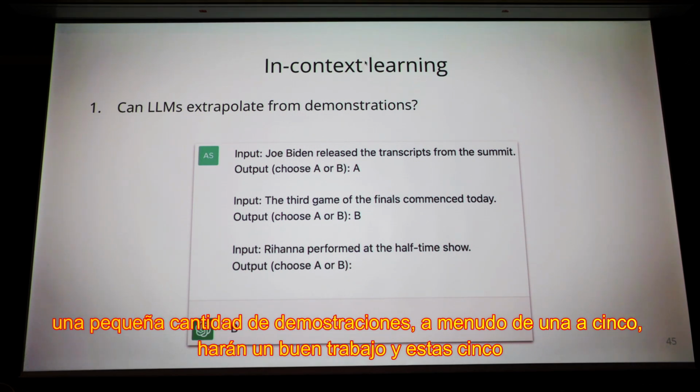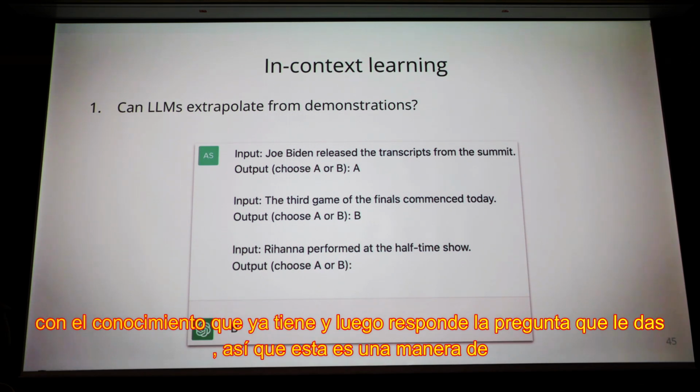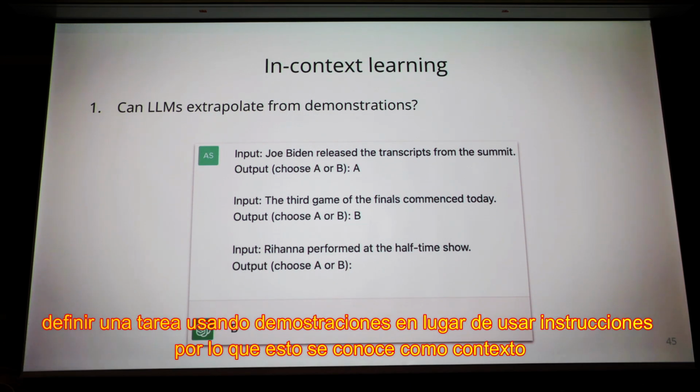Often just 1 to 5 will do a pretty good job. And these 5 demonstrations will teach ChatGPT what you're looking for. It's able to build off of the knowledge it already has and then answer the question that you give it. So this is a way to define a task using demonstrations instead of using instructions.